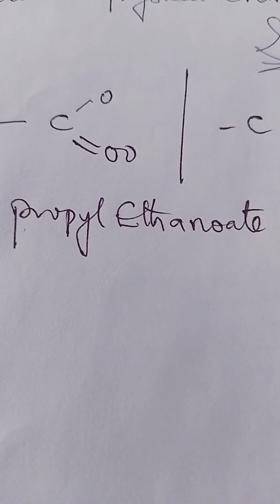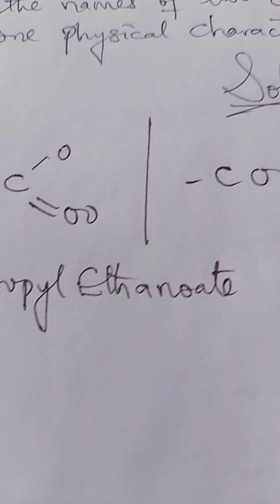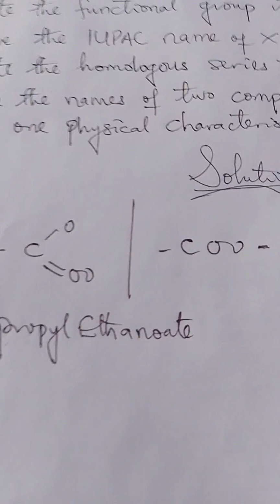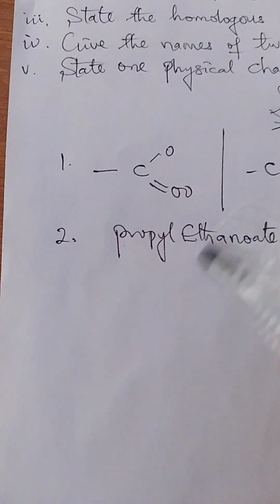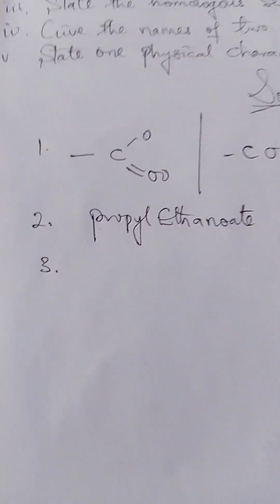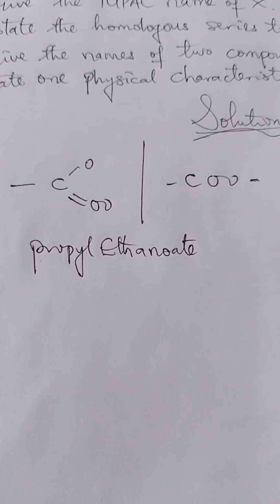Then the next one says state the homologous series to which X belongs. If functional group has to do with the family name, then the homologous series has to do with maybe the compound name. You can have your family name, then the name for the compound, or a nuclear family, or an extended family name.